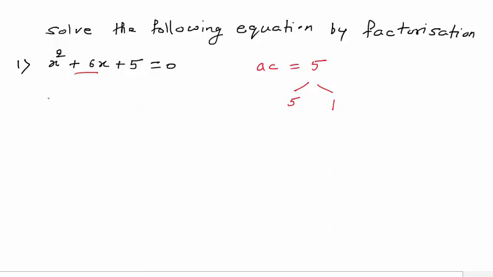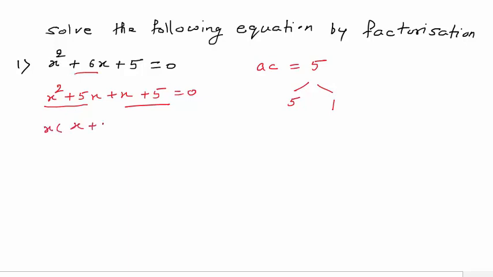So I write this equation as x square plus 5x plus x plus 5 equal to 0. Now I can write 1x first and then 5x, or 5x then x. Now in the first two terms I can take x common.